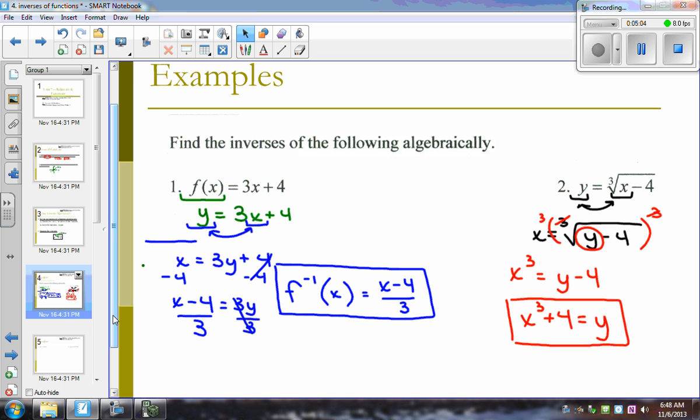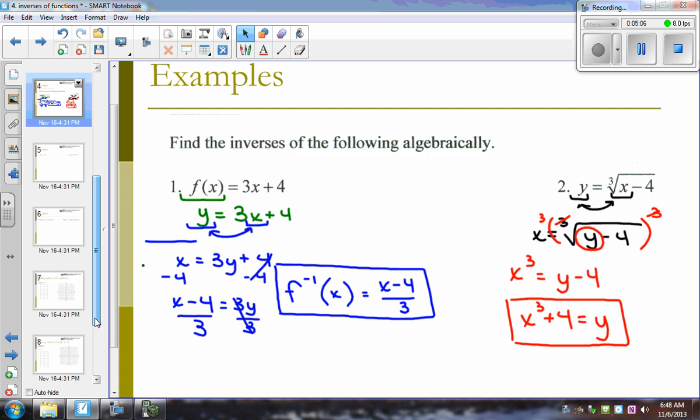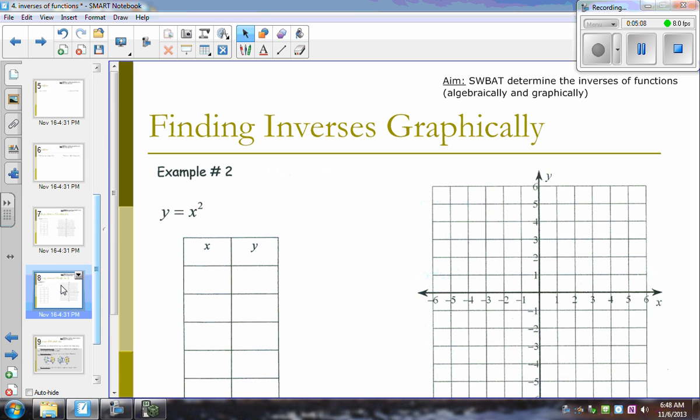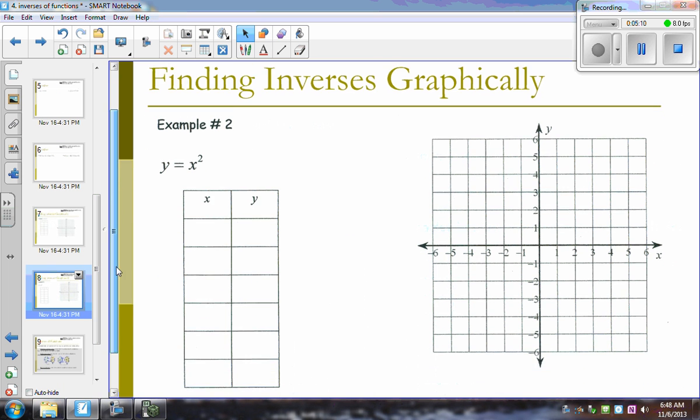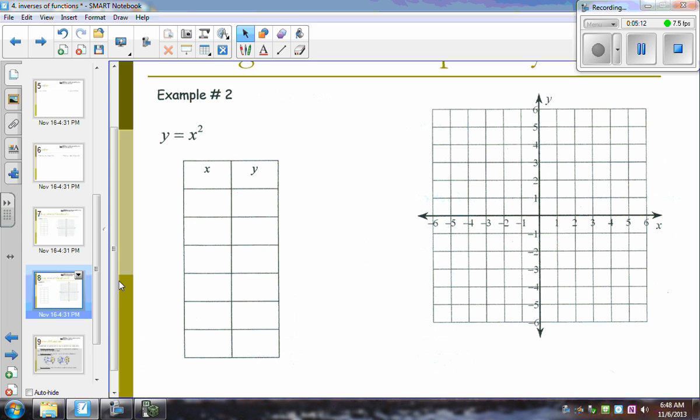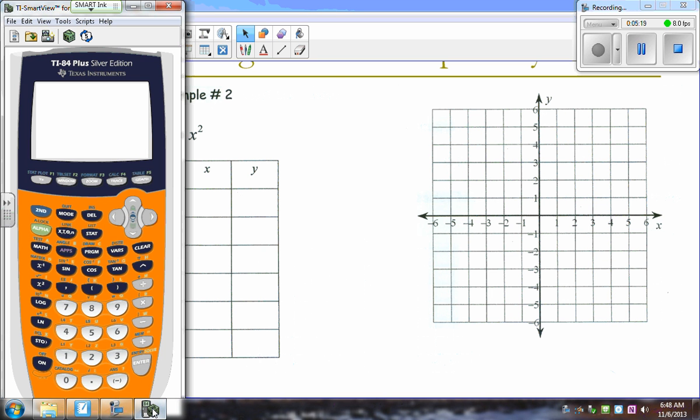Now, in terms of graphing, basically what we're going to do here is a similar concept. The only difference being we're literally going to have an x and y value set to flip-flop. So for instance, in taking a look at this example, we have our function of a basic parabola, y equals x squared, and we're going to go into our calculator as we've done before, type in our x squared, and get our table of values in order to graph.